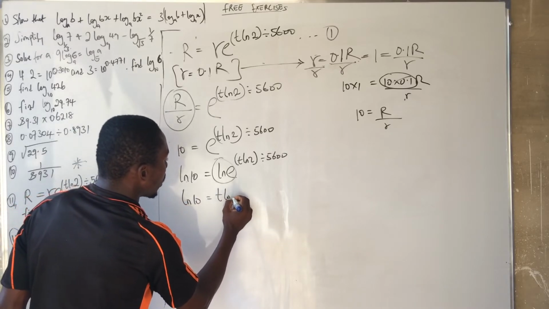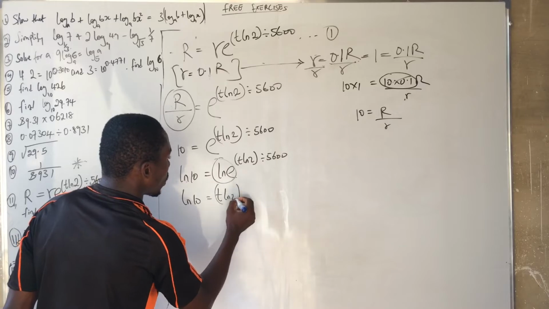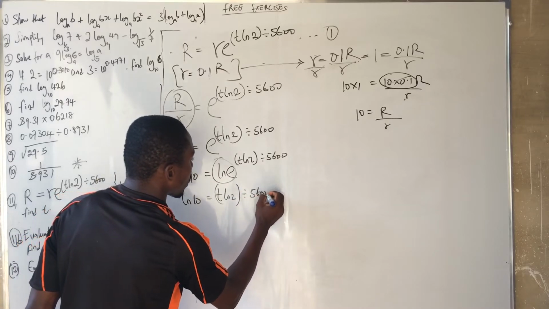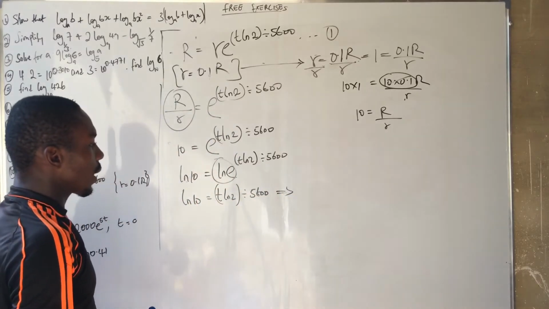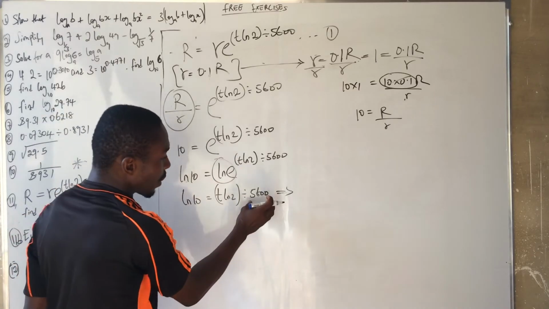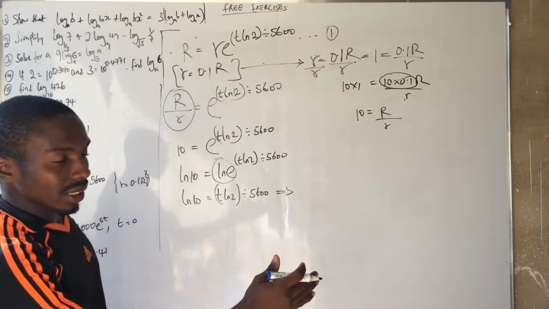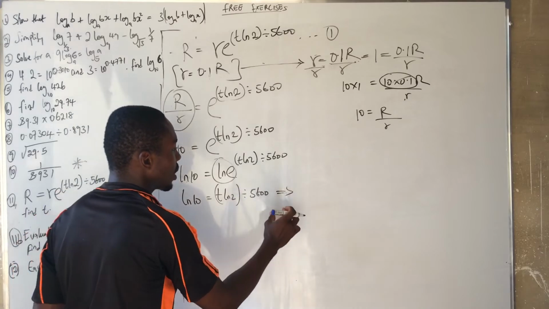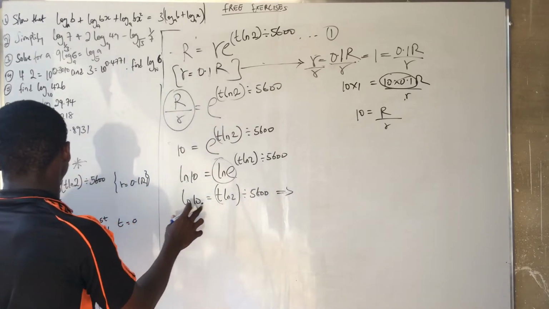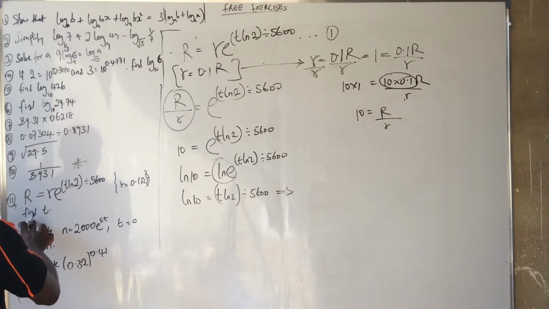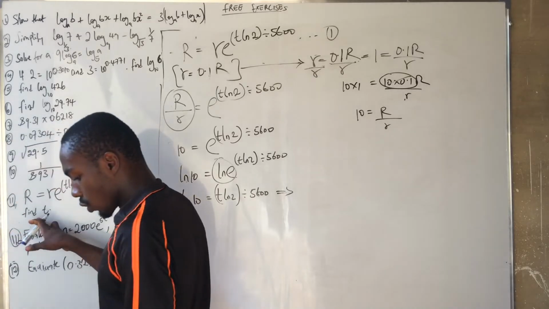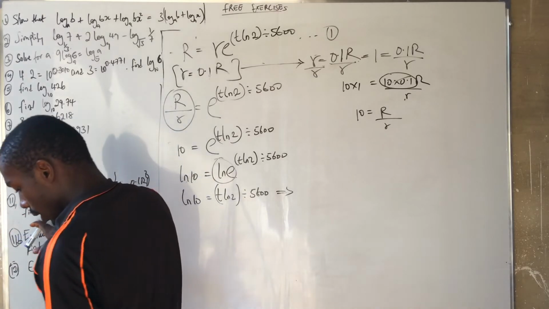t ln 2 divided by 5,600. So what am I going to do again? Since I see divided by 5,600 here, I'm going to multiply both sides by 5,600 to eliminate this, because I'm looking for t. My aim is to find the value of t.